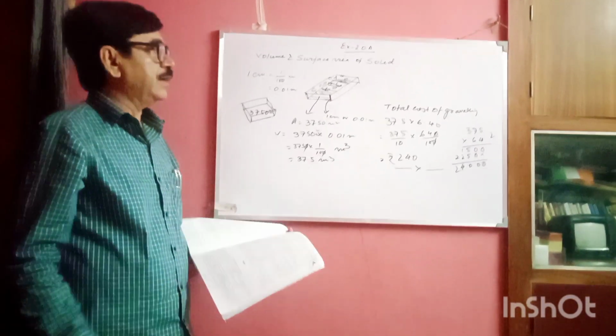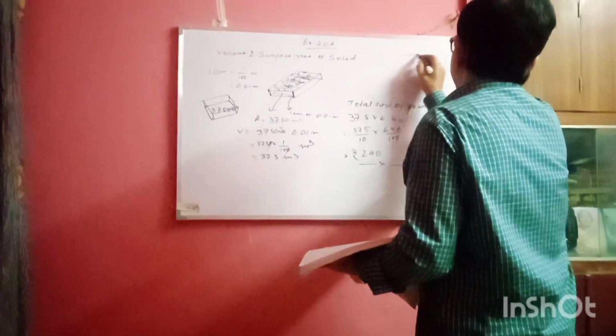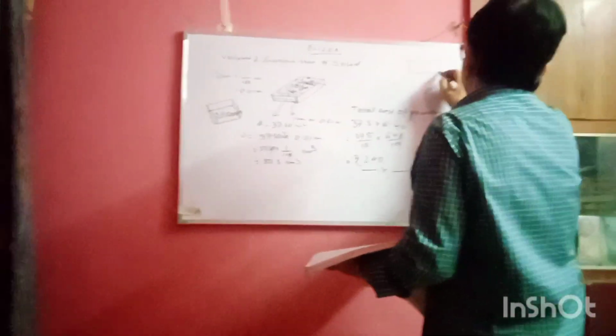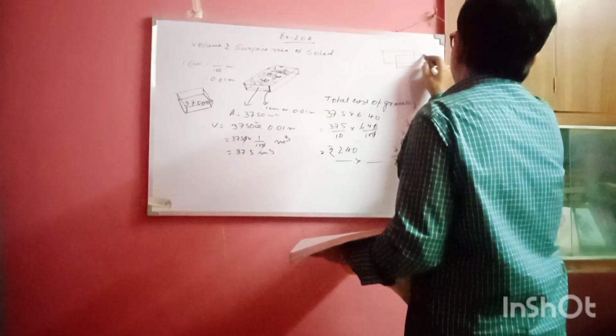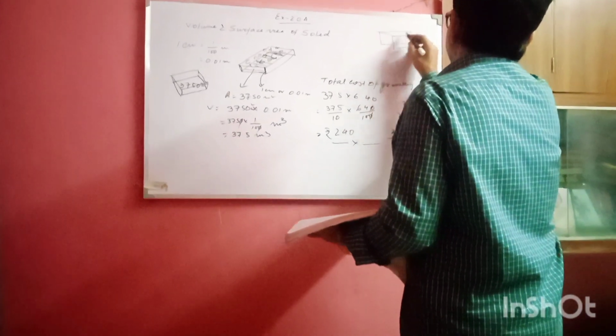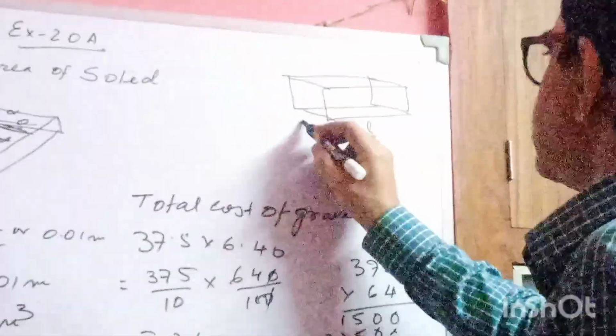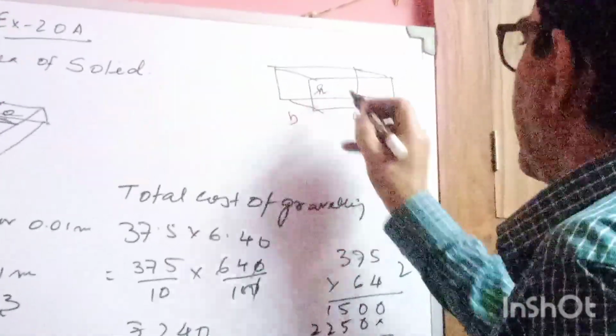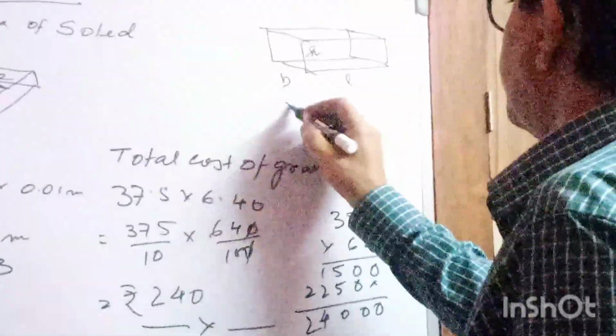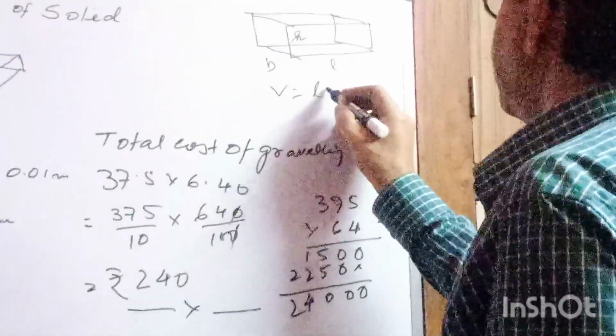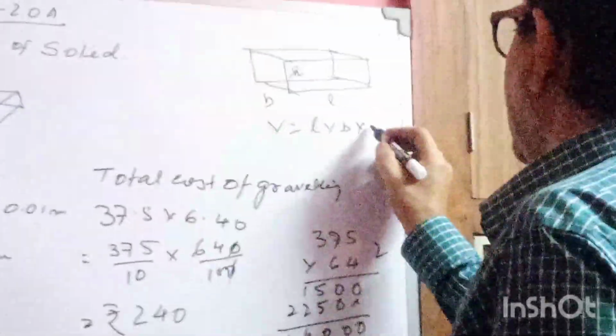What is the area? Suppose this is a cuboid. It has a length, it has a breadth, and it also has height. So the total volume will be length into breadth into height.